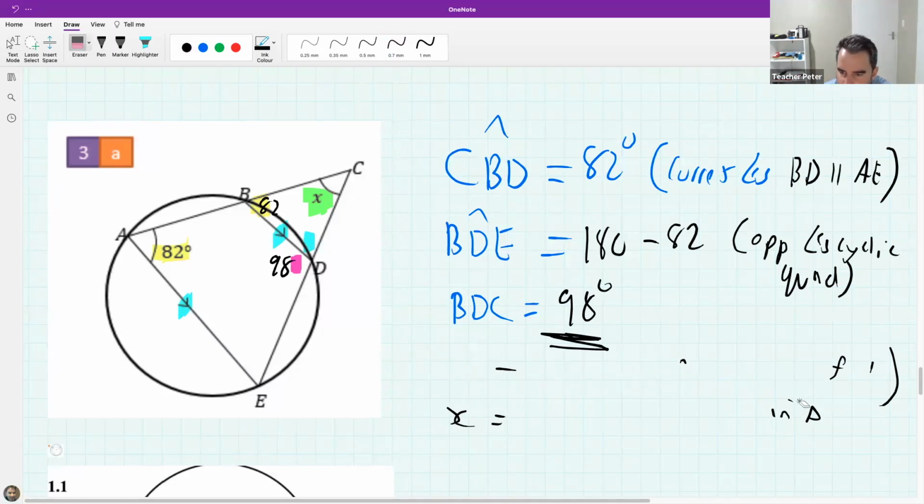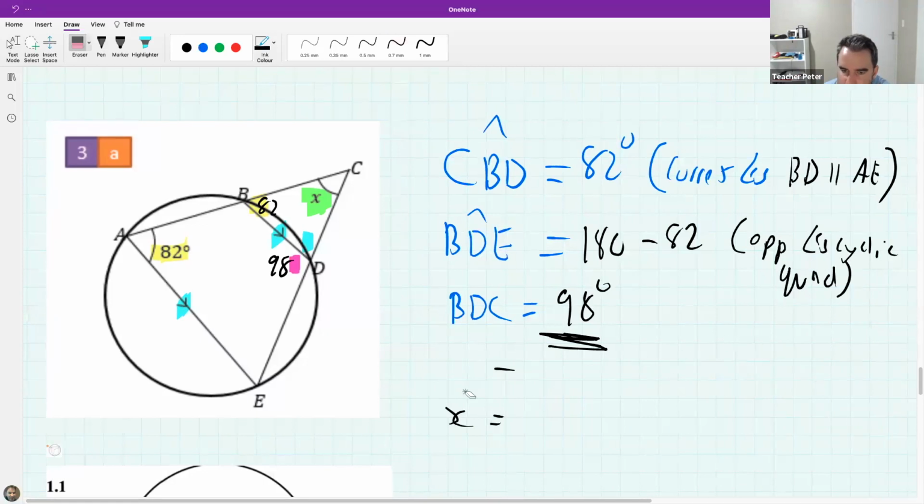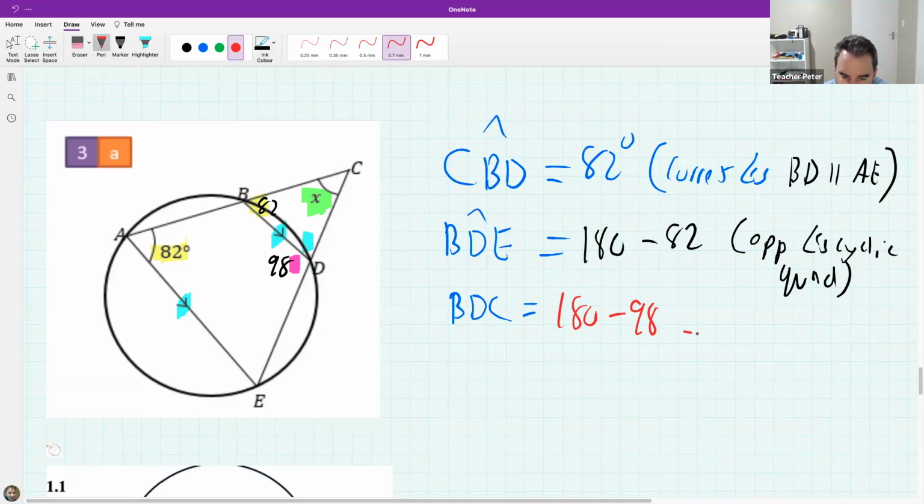Okay, look at me, I think I'm getting to the end of my energy for the day. So BDE is 98, that's fine. But BDC should be 180 minus 98, which is 82.